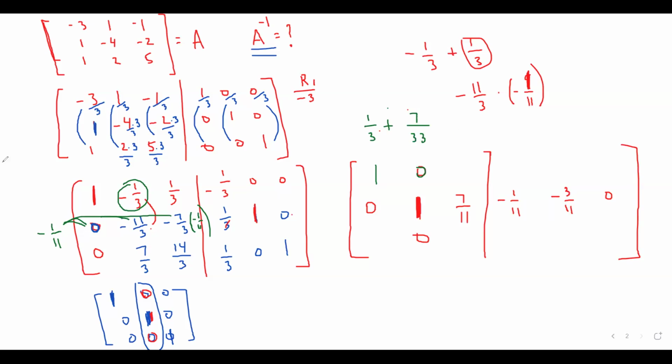Well, whatever it is, I'm going to just get this times 11 on the top and 11 on the bottom. That doesn't change it. The goal is to get the same exact denominator, 33. And we have here 11 and 7, which is 18. 18 over 33 is what I have to put here.